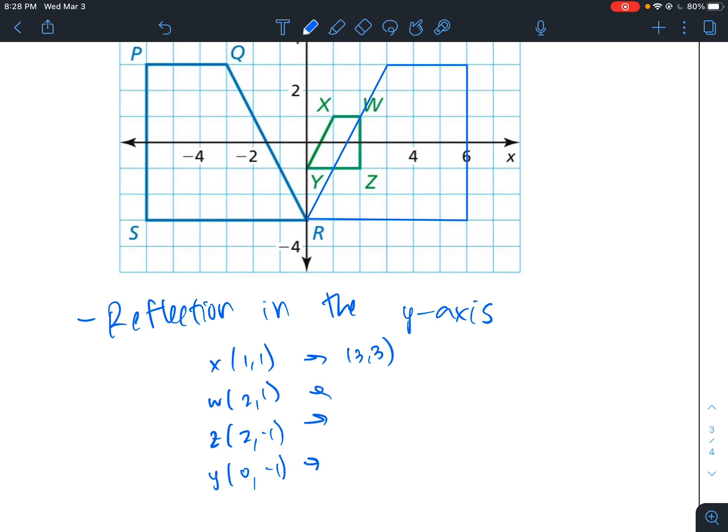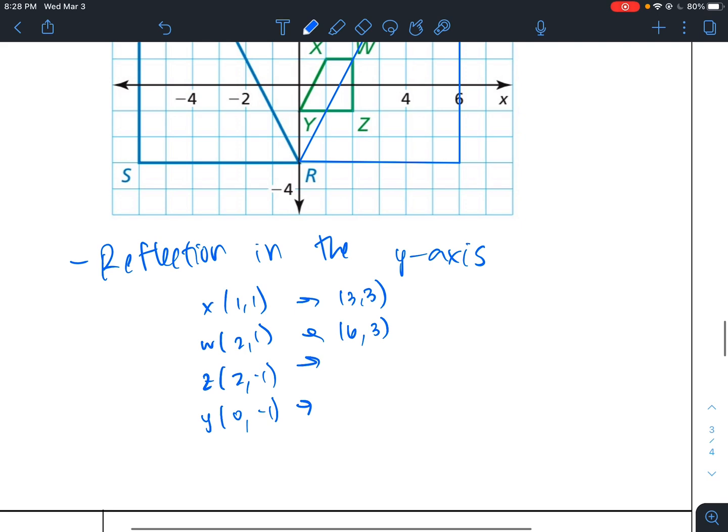So their corresponding points are at, this would be at 6, 3, I believe. Z is at 6, negative 3. And my Y corresponding point is at 0, negative 3.